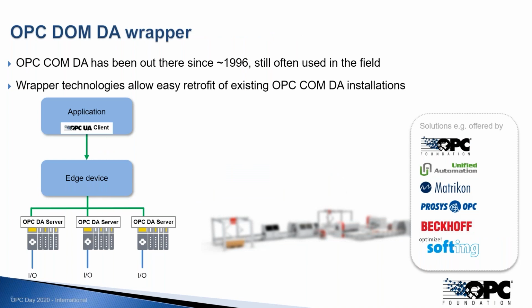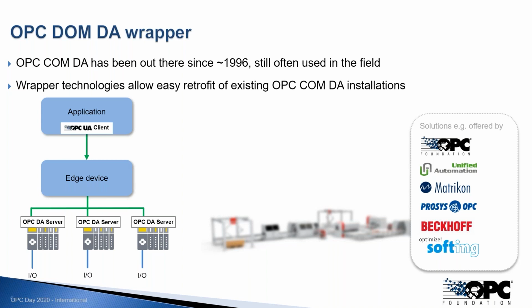Another story here, which is quite interesting, especially for smaller companies or non-vendor companies, let's say. Quite a lot of these machines are actually already using OPC Classic or OPC DA. So they are providing OPC DA server capabilities. Maybe they are using them today already.